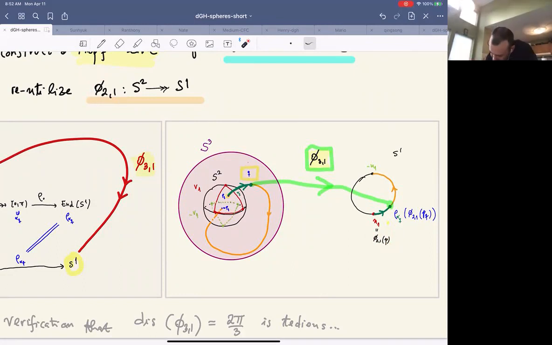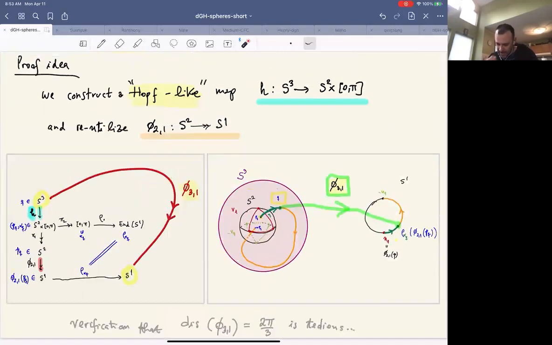But then we use this vector to move that image by the same amount through a rotation on S1. So the final result of the construction is that the point Q gets mapped to the point rho alpha Q, which means rotate according to angle alpha Q the image you will obtain by the projection onto S2.